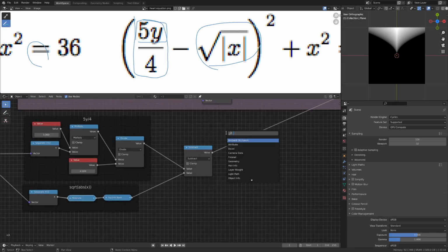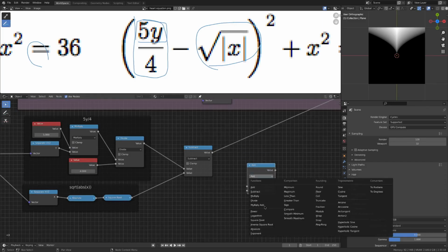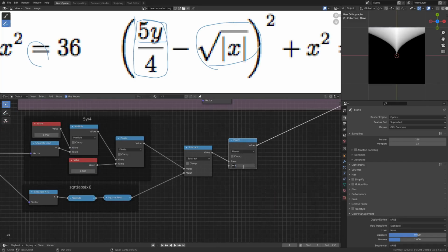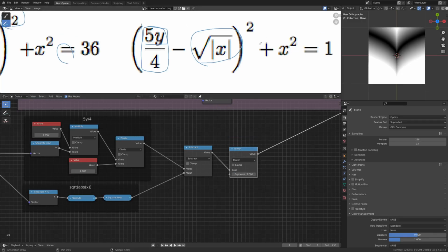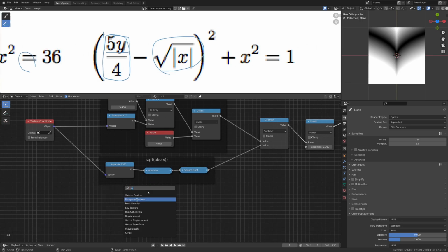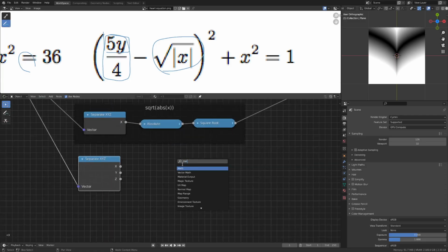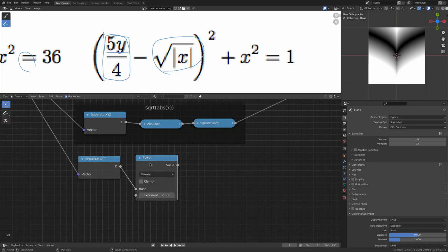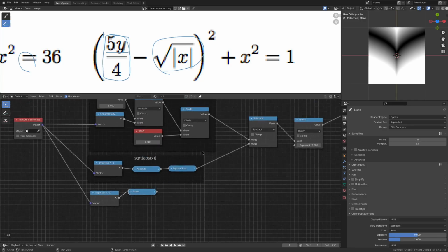Subtract that, and math node, set it to power, and we're going to set the exponent to 2. Lastly, we are going to add x squared, separate xyz, and x square math power, set the exponent to 2, and that is equal to 1.